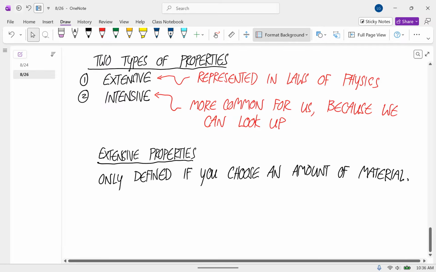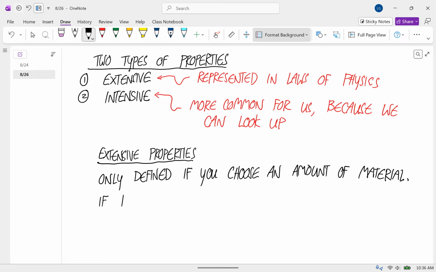Another thing required for extensive properties is if you partition a material into pieces.